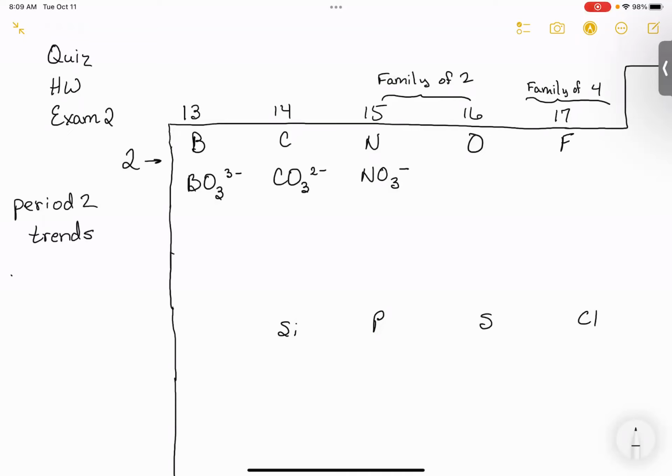Okay, so one of the trends is the charge magnitude drops by 1, starting with boron.